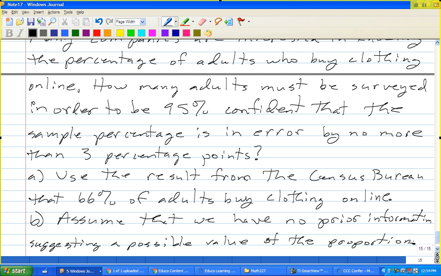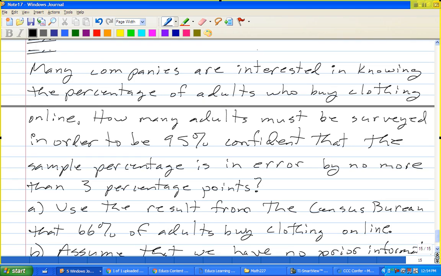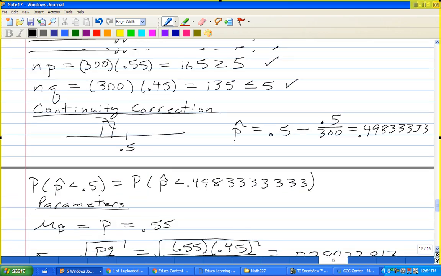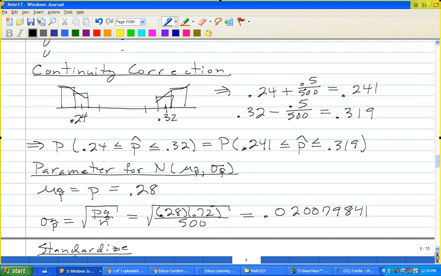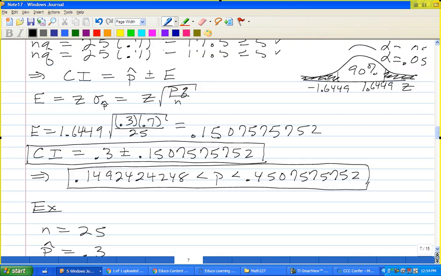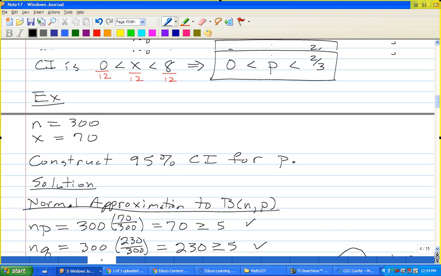Okay, so let's go and use these formulas we had for estimating the sample size. Way up at the top, I had some formulas for the sample size.